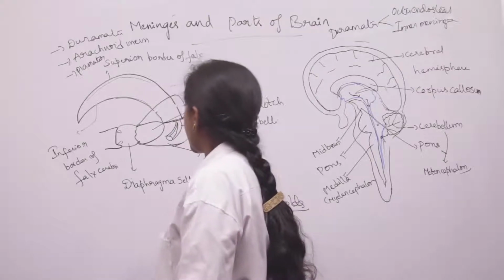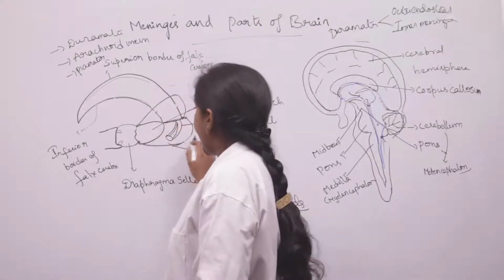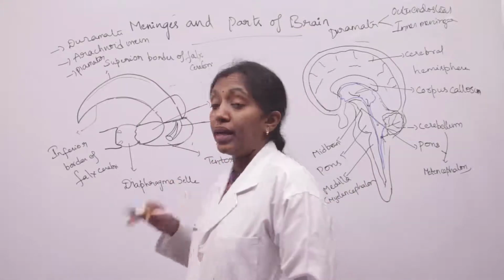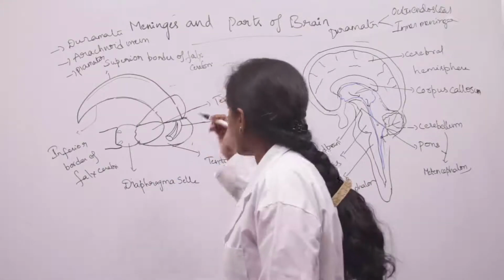Coming to the tentorium cerebelli, it encloses the transverse sinuses as well as the superior petrosal sinuses.